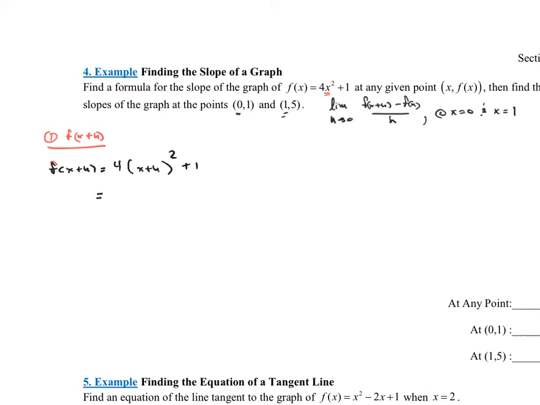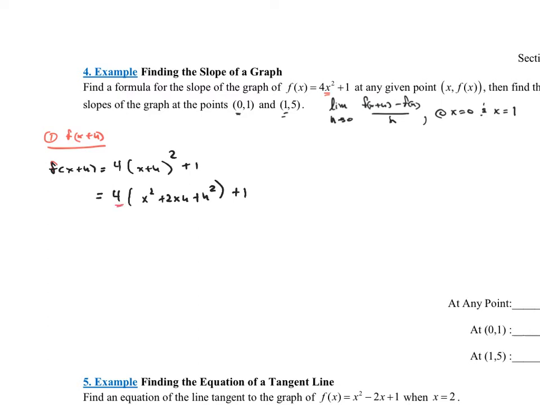Well, now I need to multiply that out, so that'd be 4 times x plus h times x plus h, which is x squared plus 2xh plus h squared. Then we have our plus 1.